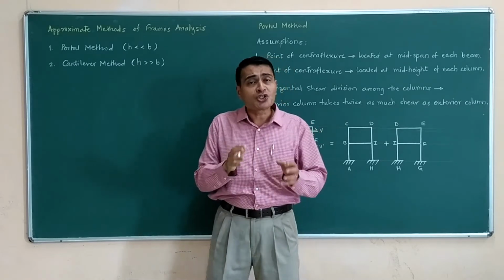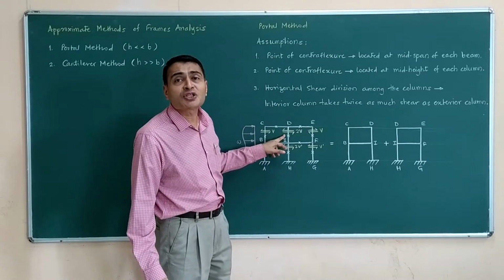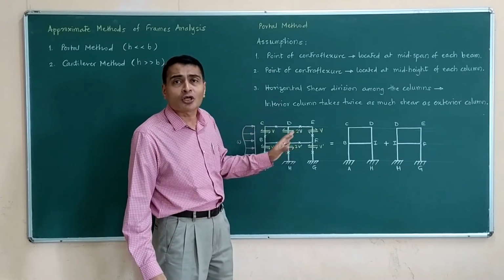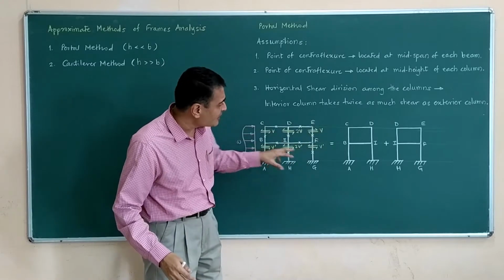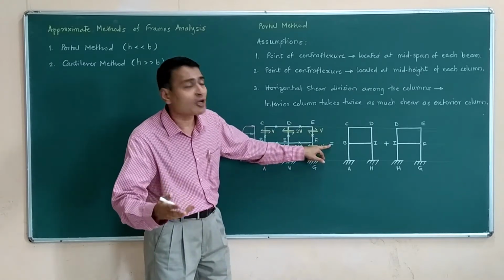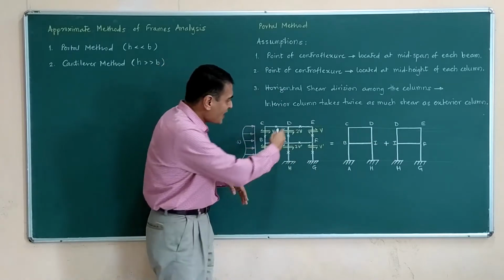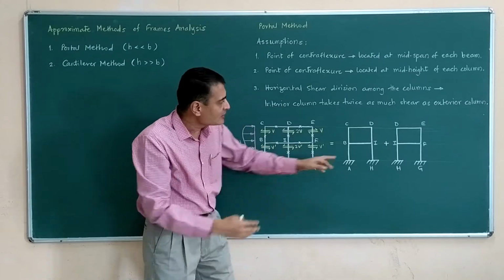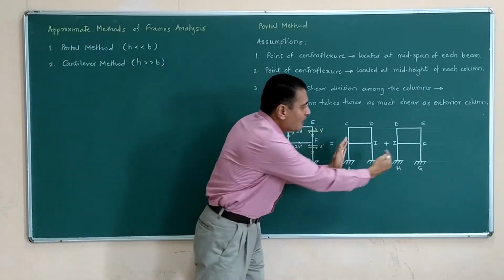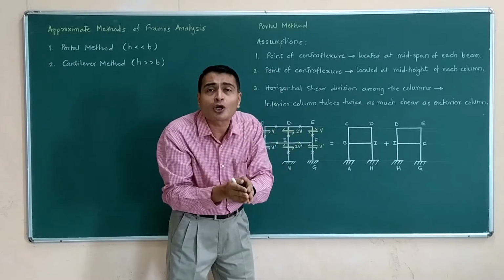Now what is the logic behind saying that the interior column takes double the shear compared to the exterior column? The logic I am trying to show here is that this frame is imagined to be made up of 2 frames like this. That is, at this column, if I make a separation, then there are 2 columns which, when combined, give one central column.